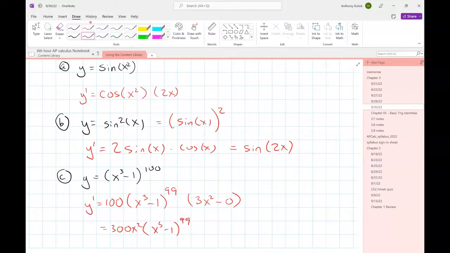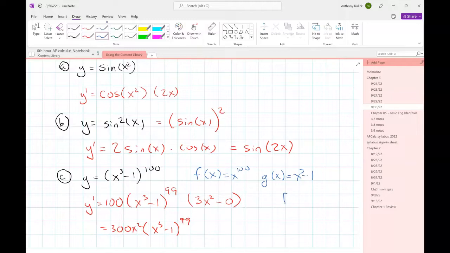So how do you know if it's the inner or the outer? Sure. So what you can do is think about this as f of x equals x to the 100, and then some g of x equals x cubed minus 1, right?